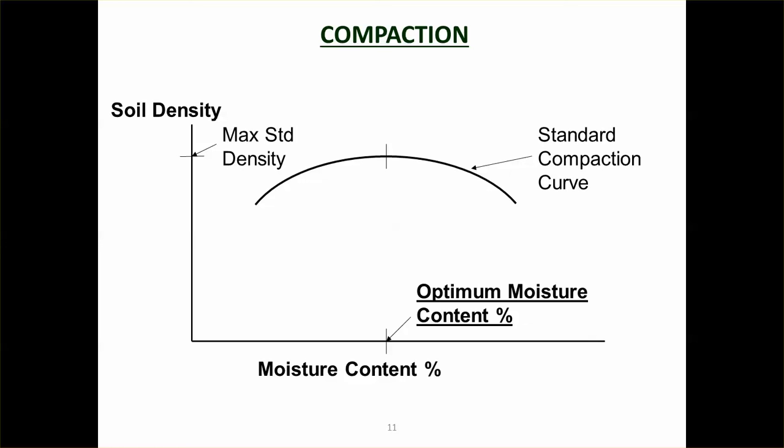So you should be aware that when we're compacting, we're trying to make sure that the soil we're compacting is in this particular area here. It doesn't have to be bang on the optimum moisture content, but it has to be within 2, 3, 4% of that to enable you to do the compaction properly.